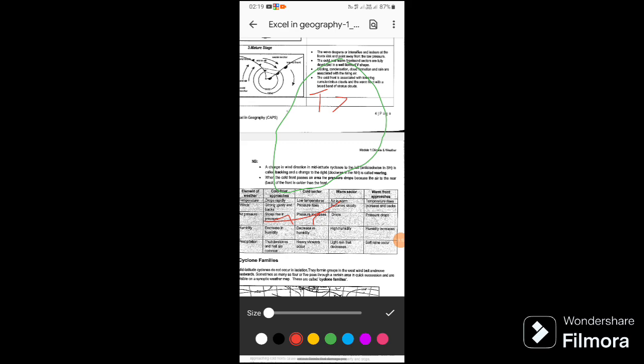Then the pressure decreases and humidity increases. Humidity goes with the temperature, they are directly proportional. When temperature increases, humidity increases, then pressure will decrease.